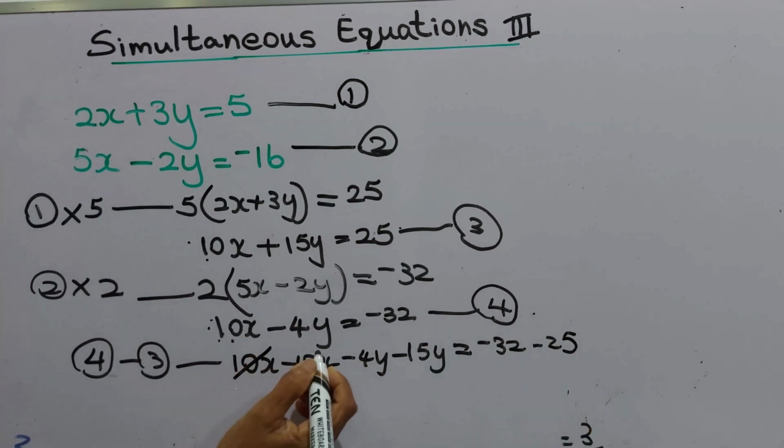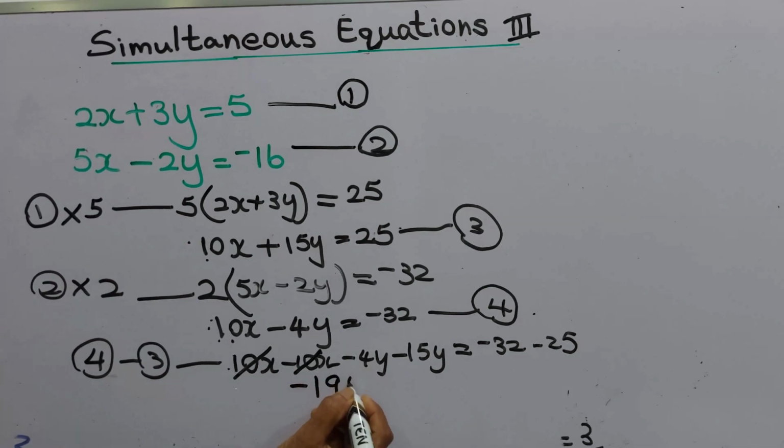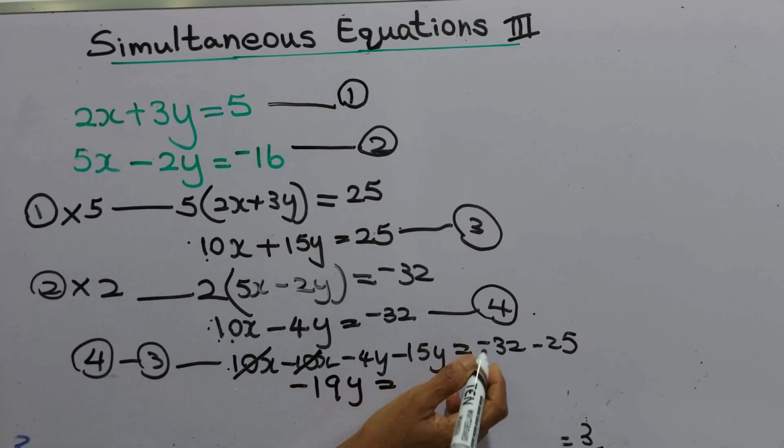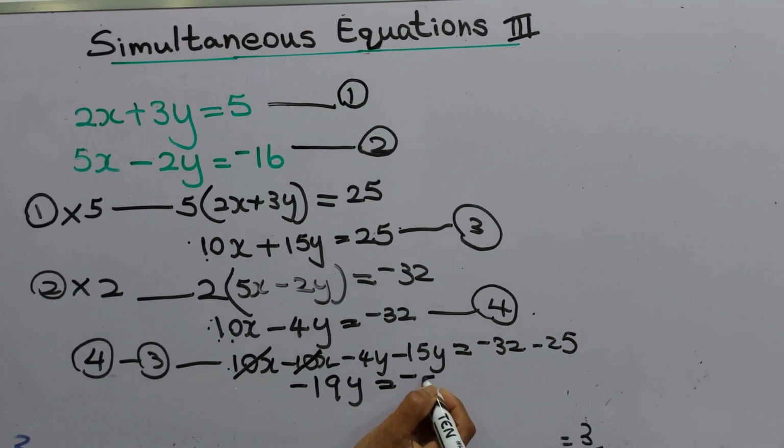Then we eliminate plus 10x minus 10x. Then minus 4y minus 15y is minus 19y, equals minus 57. Then y equals minus 57 divided by 19, that means y is 3.